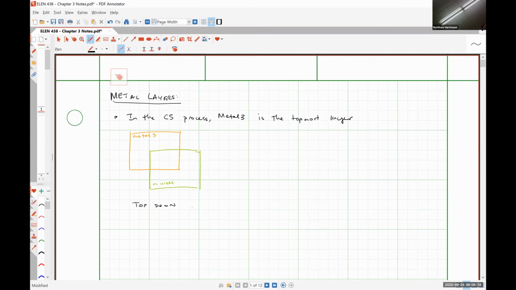And then our cross-sectional view of this, let's see, make sure I give myself enough room. Here's our substrate. There's the bottom.